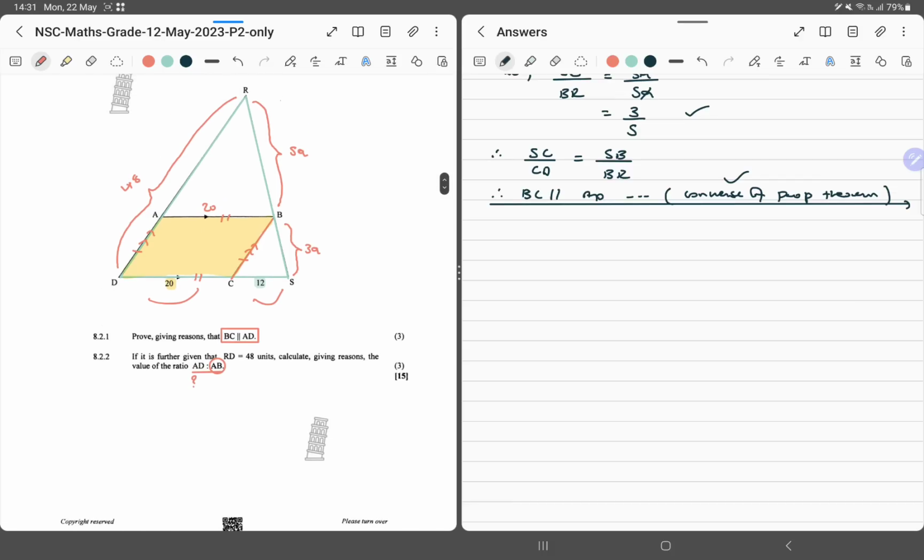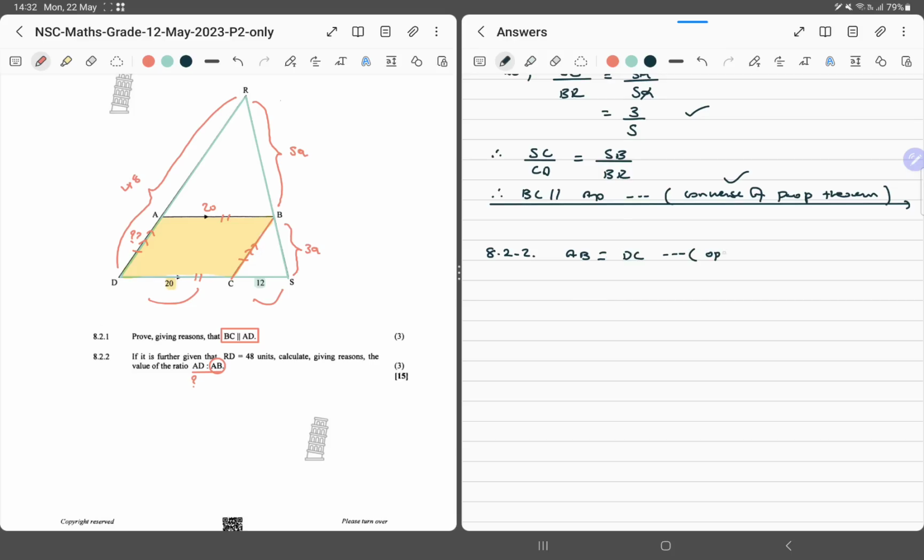What is AD? We're going to use the proportionality theorem to find AD. From this triangle, again, this is 8.2.2. Where can we start? We can start by saying AB is equal to DC.